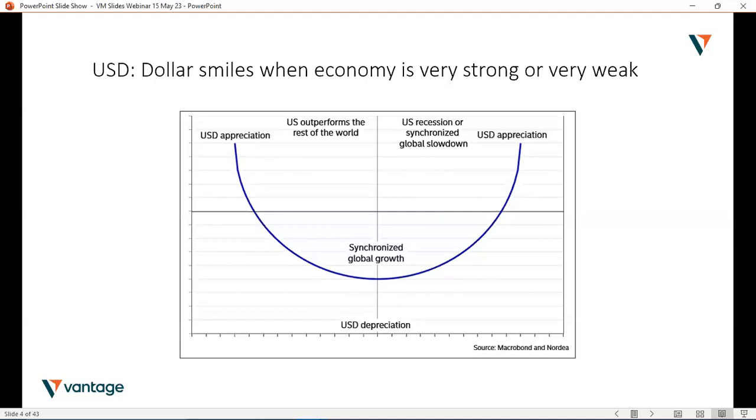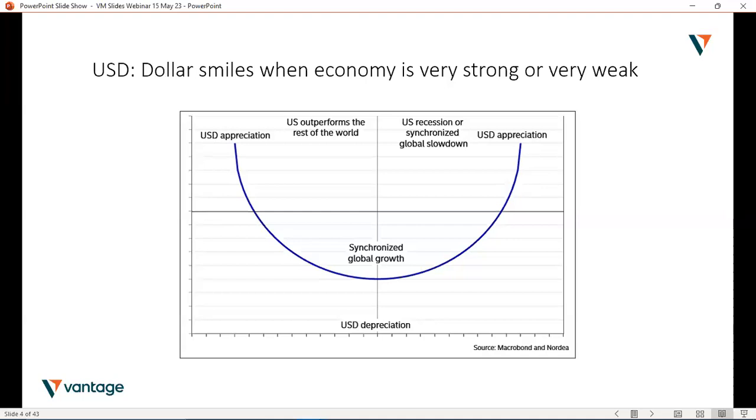Right, so yes, in the current environment for the dollar smile, until now the slowdown has not been that dramatic, and is quite consistent, therefore, with a weakening dollar. But potentially, if prospects are now getting worse on the economic data front, then that could make the dollar smile again.